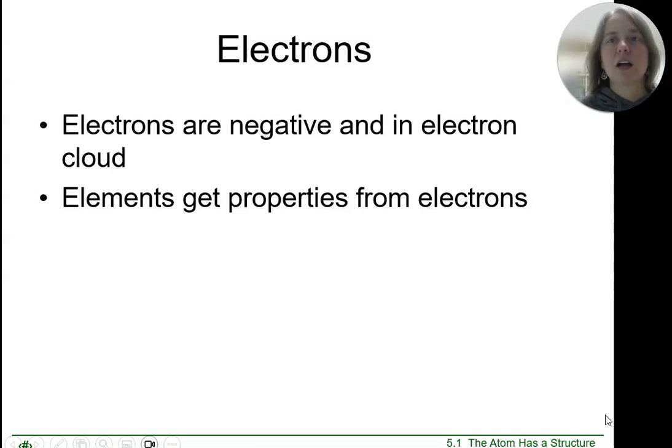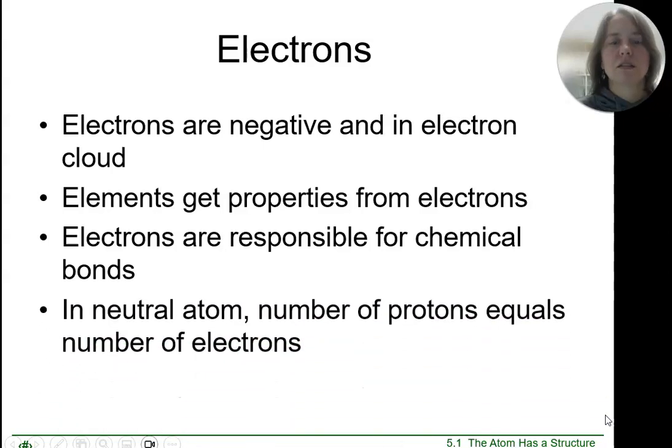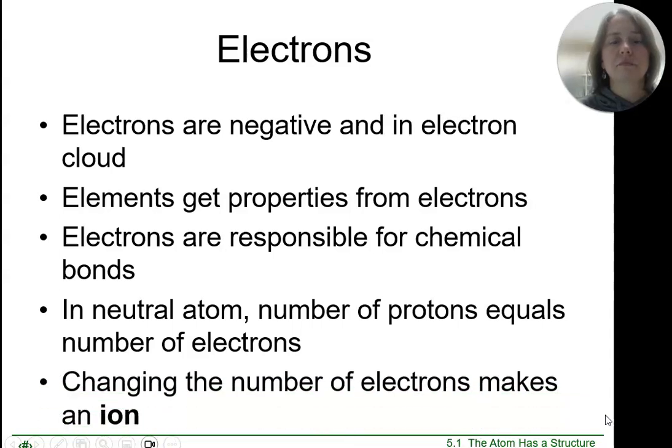The number of protons determines what element it is, but its properties are because of how many valence electrons it has. They're responsible for chemical bonds. In a neutral atom, the number of protons always equals the number of electrons. If you change the number of electrons, you get an ion, a charged particle.